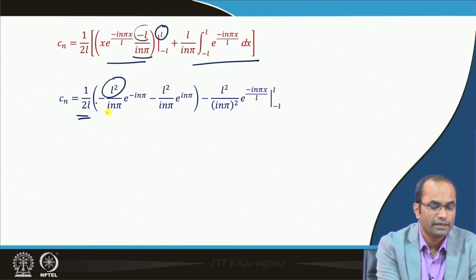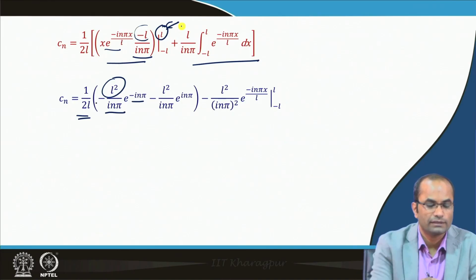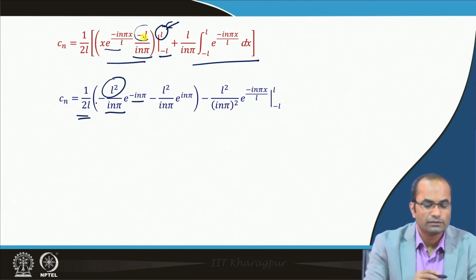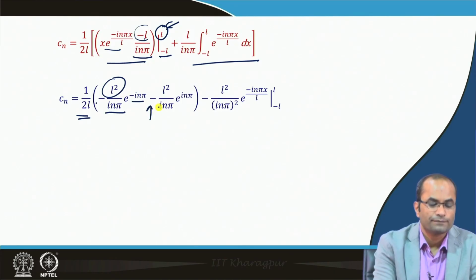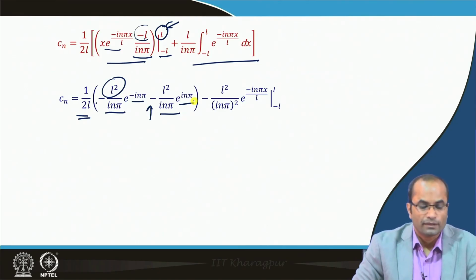We have I n pi and then exponential minus I n pi, because this L will get cancelled with this L there when we are substituting the positive value of L. Then we have a minus L, again the same thing, the x will be minus L, and then there is a minus already, so this minus sign will be there, and then we have again here I n pi and e power with the plus I n pi.